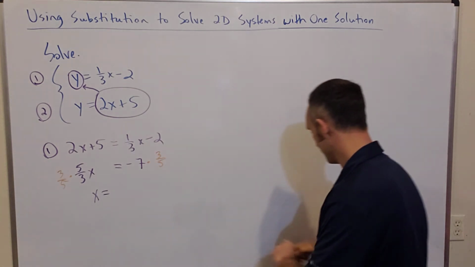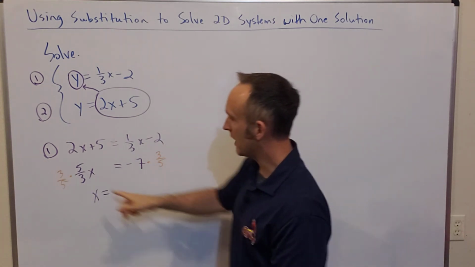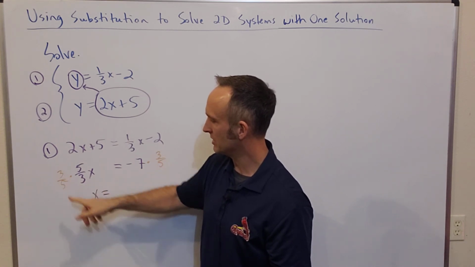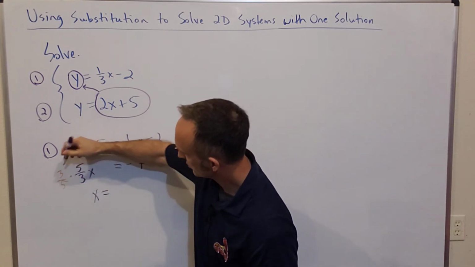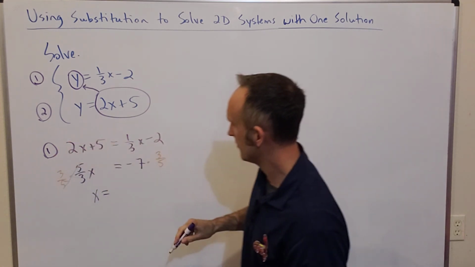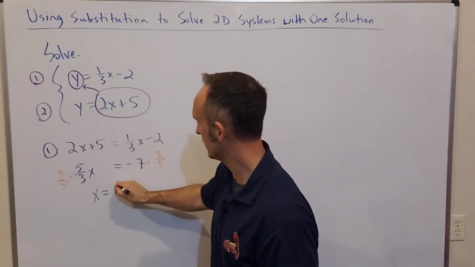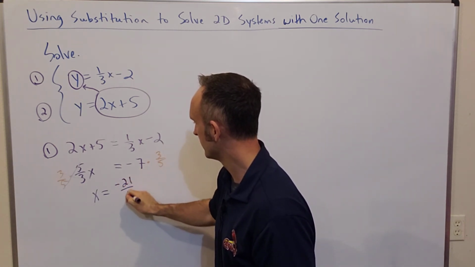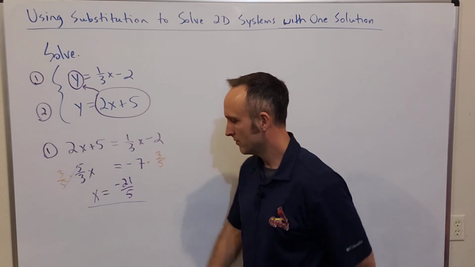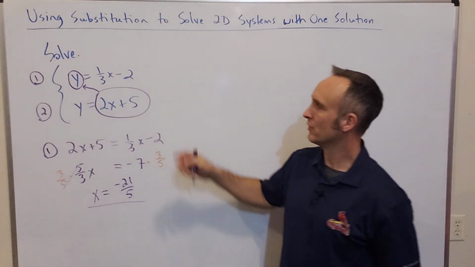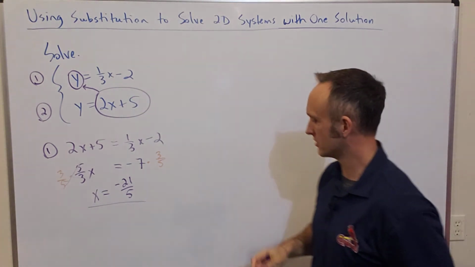Dividing by 5/3 is the same thing as multiplying by 3/5, and so those cancel and turn into 1, and this turns into -21/5. So now we know the x for the ordered pair where these two lines cross.